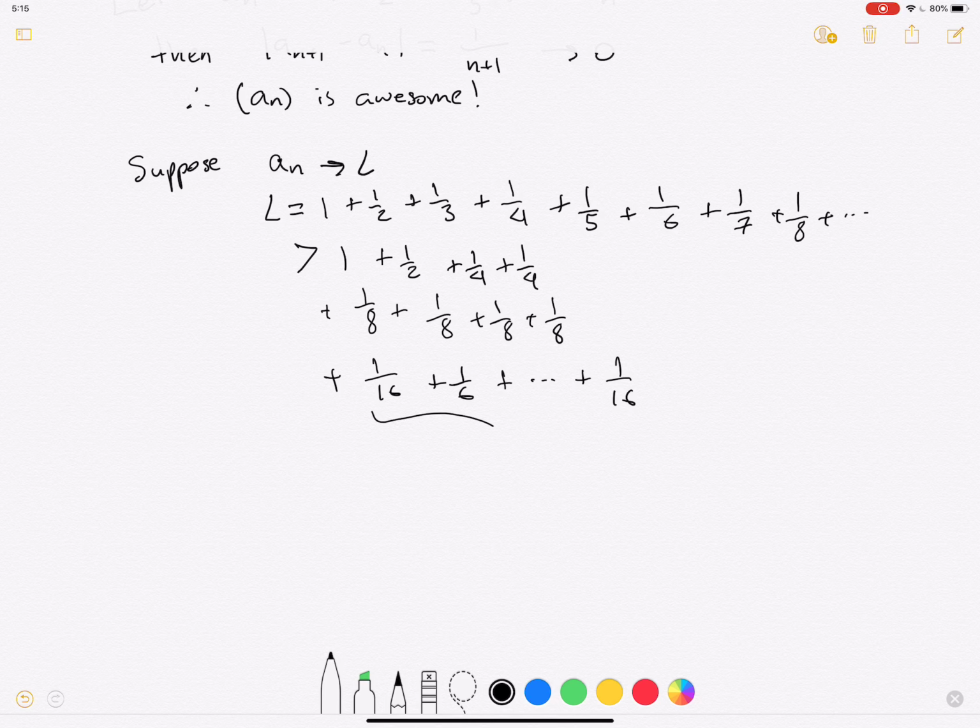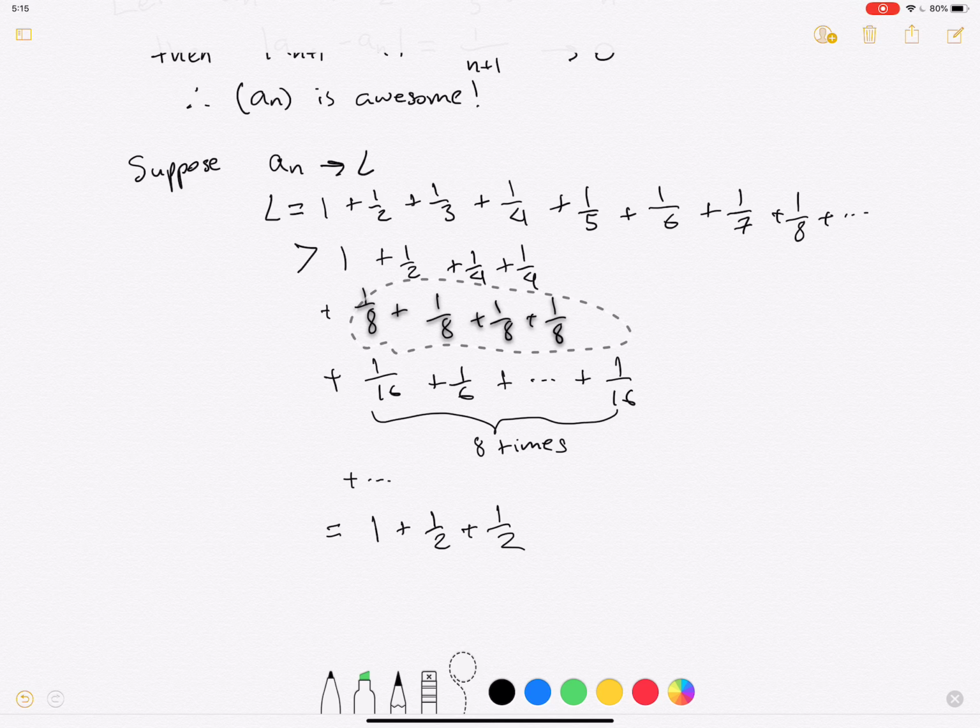If we do that 8 times, and you just keep going on, this is going to be equal to 1 plus 1/2 plus, this is equal to 1/2, so another 1/2.